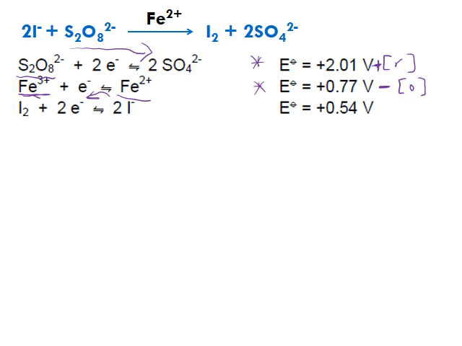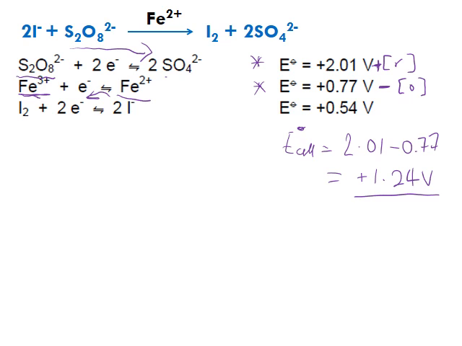So think back to what we said about homogeneous catalysts and how you form an intermediate in an in-between stage. Okay, let's do the E cell first, then we'll do the equation. So E cell, E reduction minus E oxidation, 2.01 minus 0.77 gives us 1.24 volts. So positive value.